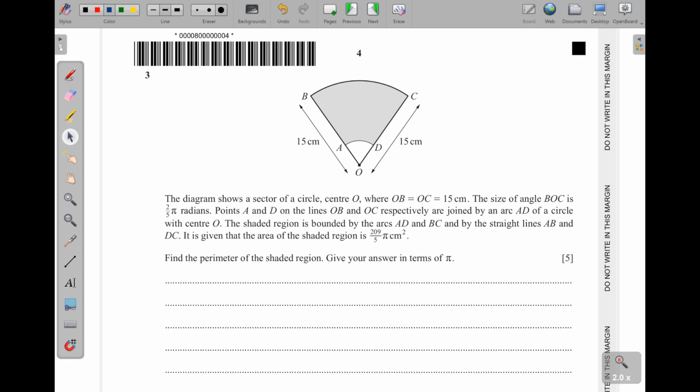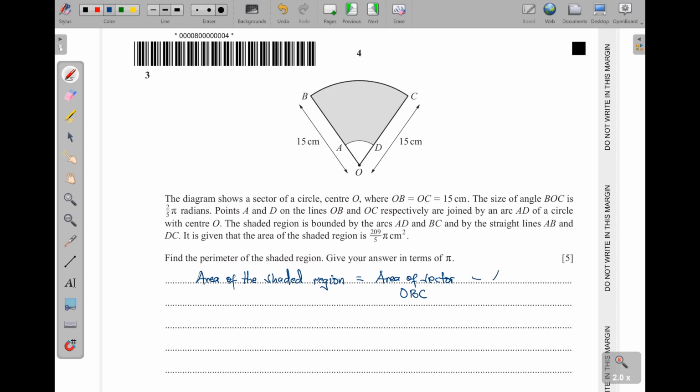Now, since we are given the area of the shaded region, we are going to start from there. Okay, area of the shaded region is equal to area of sector, the big sector, OBC.